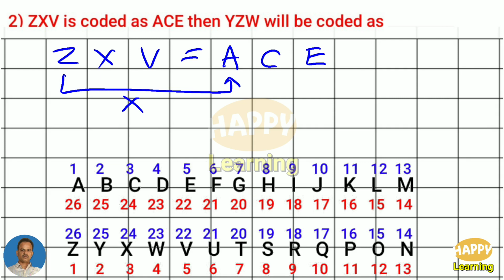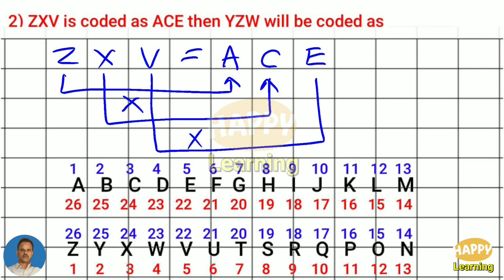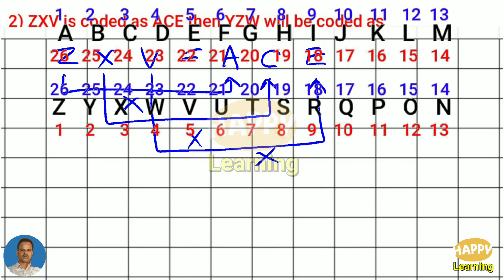Similarly, X is third letter from last and C is third letter from the first. And V is fifth letter from the last and E is the fifth letter from the first. So this is called anti-coding. One letter is third from the last, then its code is third from the first.